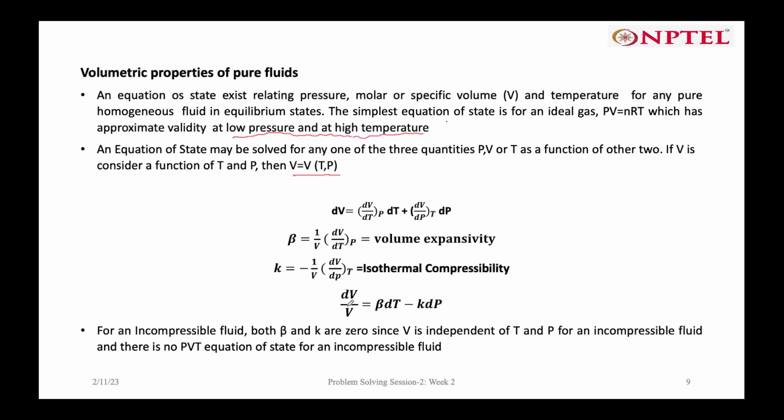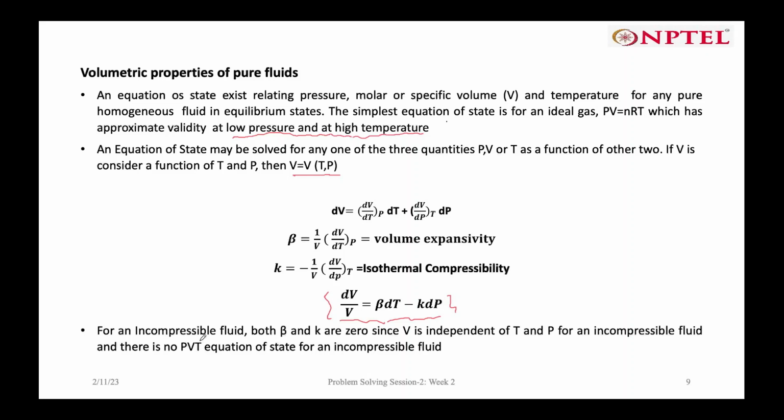When we put these values in the expression, dV divided by V is equal to beta dT minus kappa dP.